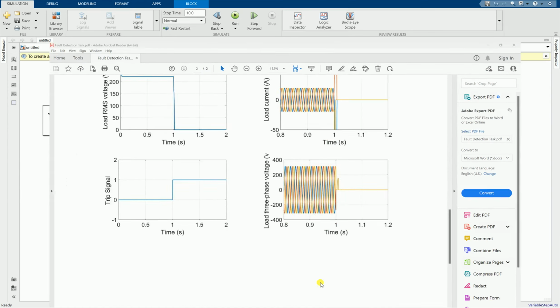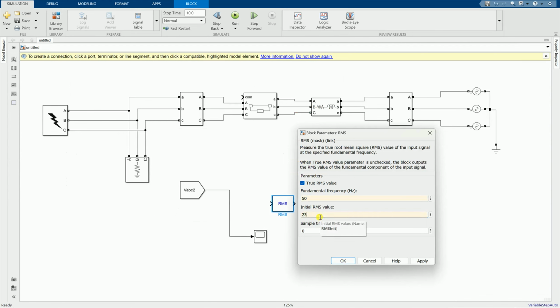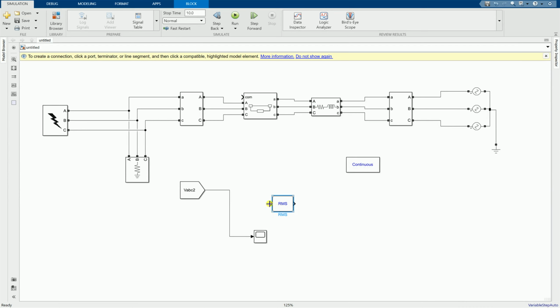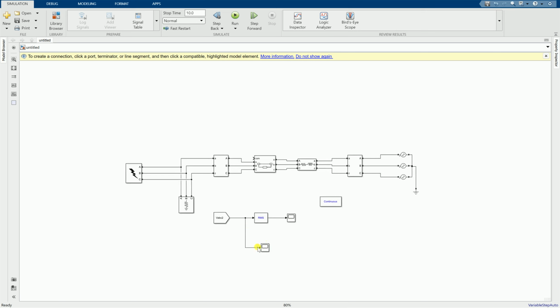Apply, to measure the root mean square value. Then duplicate this one with Control and drag. So we have the root mean square measurement and the three-phase measurement.